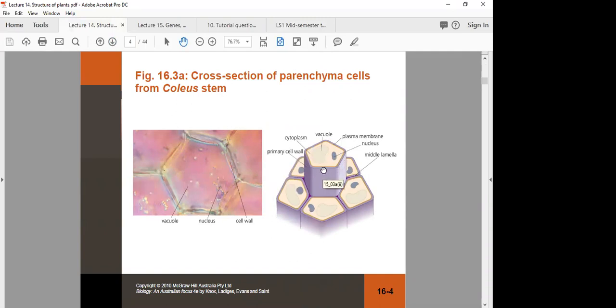And to the inside of that, this thin brown region, this is the plasma membrane, and to the inside we can see the nucleus and that large central vacuole. But what I wanted to point out to you is the middle lamella. So you can see that dark purple region in between the cells there.